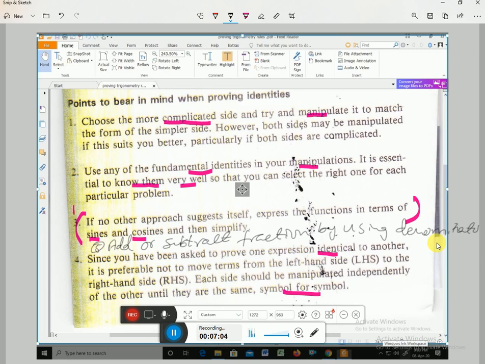You may also need to take out a common factor in order to simplify an expression. If that might be, you can do so.